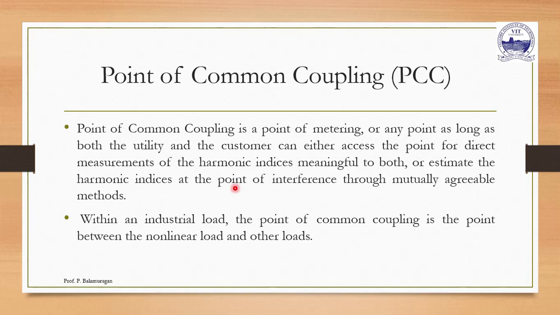So this is somewhat similar, but the range is going to be different, and the measurement is going to be more detailed. In our case we would perform only the power measurement, but here it's quite different. Apart from power, we will be measuring the nature of voltage and the nature of current. And within an industrial load, the point of common coupling is the point between the nonlinear and other loads.